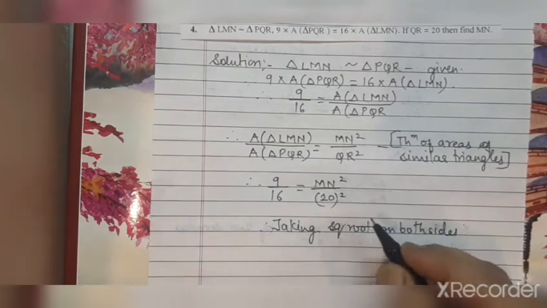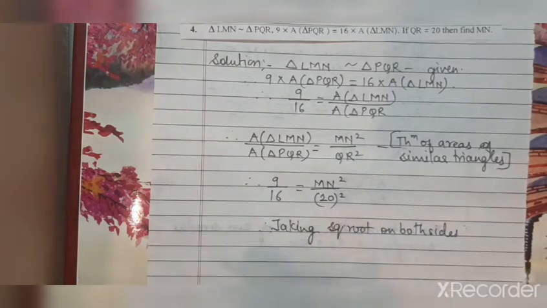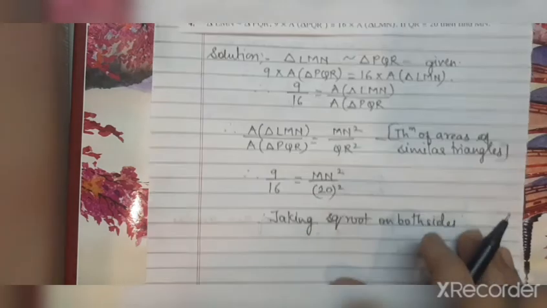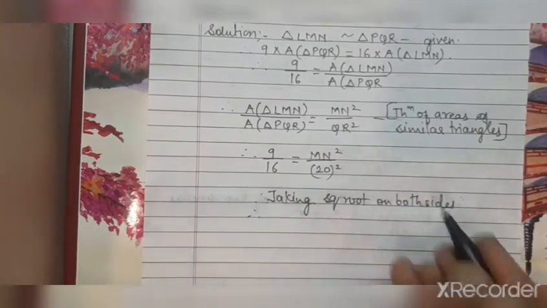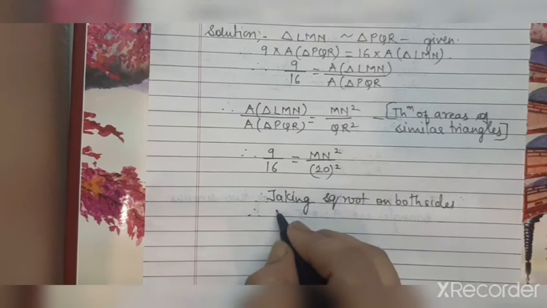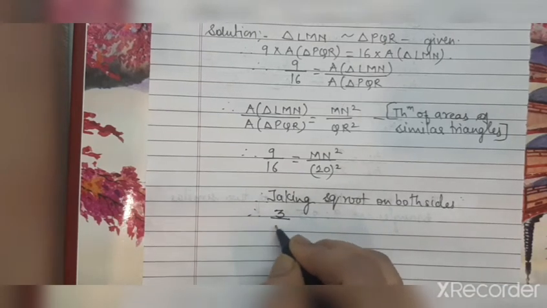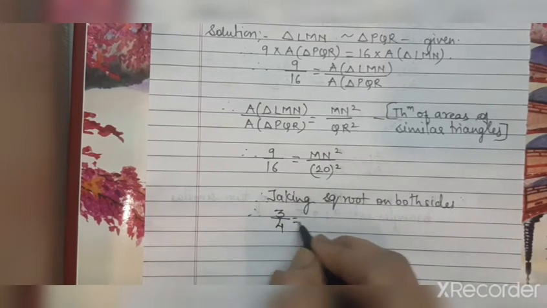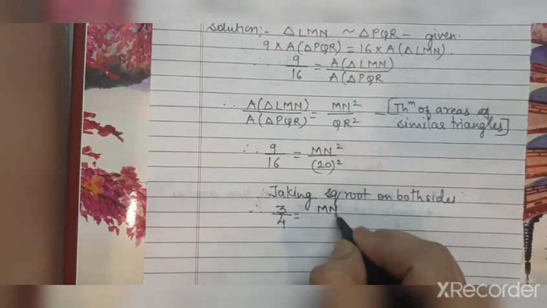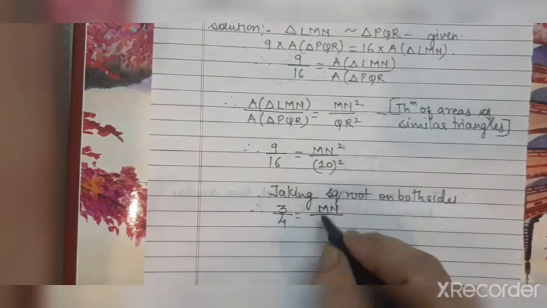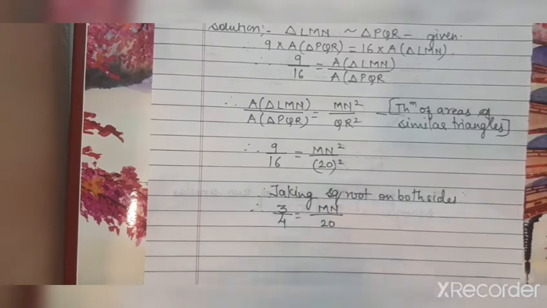You can first cross multiply, do your calculations, and then you take square root, even that is okay. So if I take square root on both the sides, this 9 becomes 3, 16 becomes 4, MN square becomes MN, and the square root of 20 square is only 20.